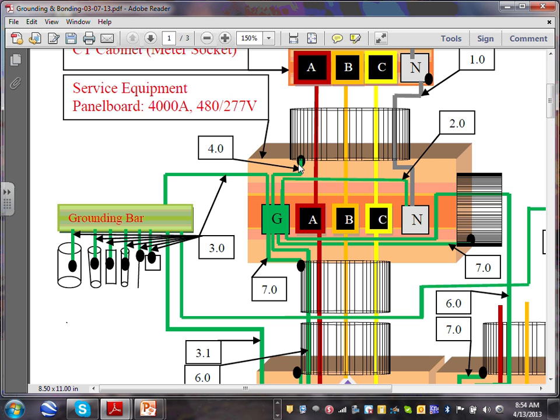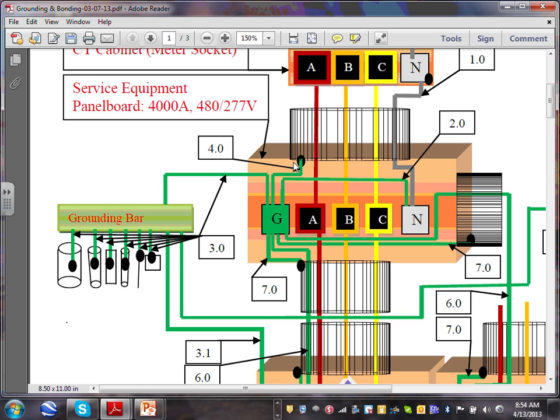You either go pure conduit to the ground bar, or you can daisy chain them. If you daisy chain them, you size based on all the conductors put together. If you go from a conduit to the ground bar one at a time, then you size it based on only the conductor inside that conduit. That's the difference. Does that make sense, guys?